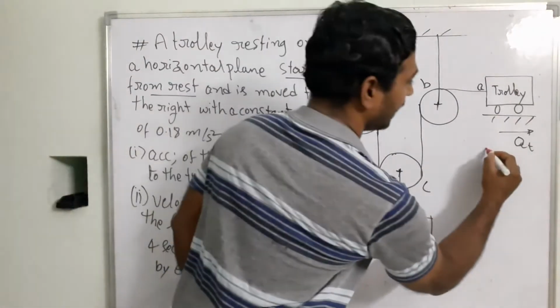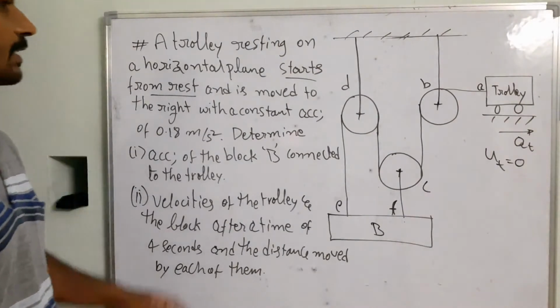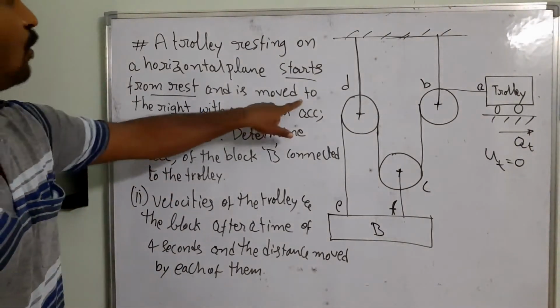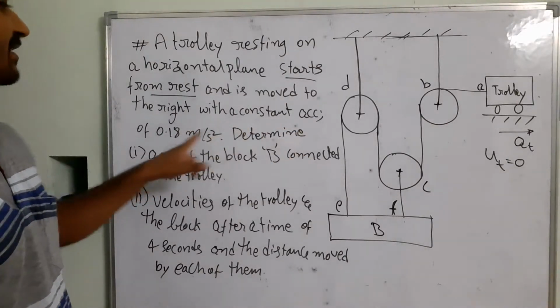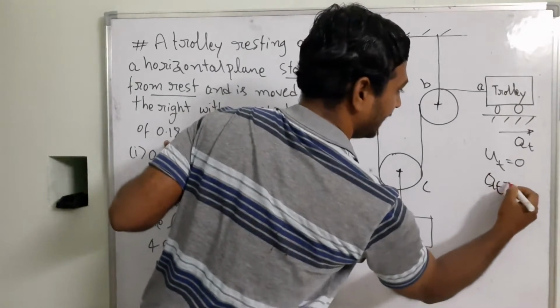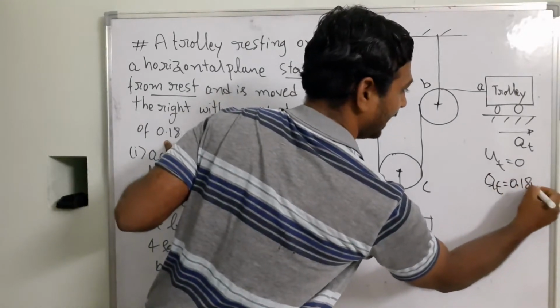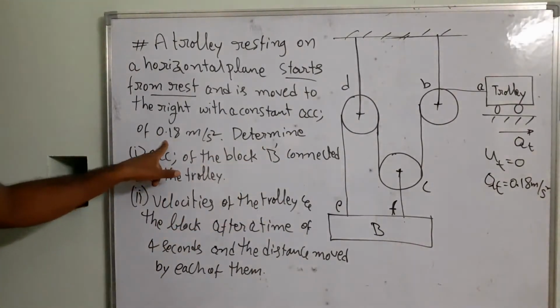It means that the velocity of the trolley at the initial stage is going to be 0, right? And similarly, it is moved to the right with a constant acceleration. That means AT is equal to 0.18 meters per second square. It is moving towards the right side.